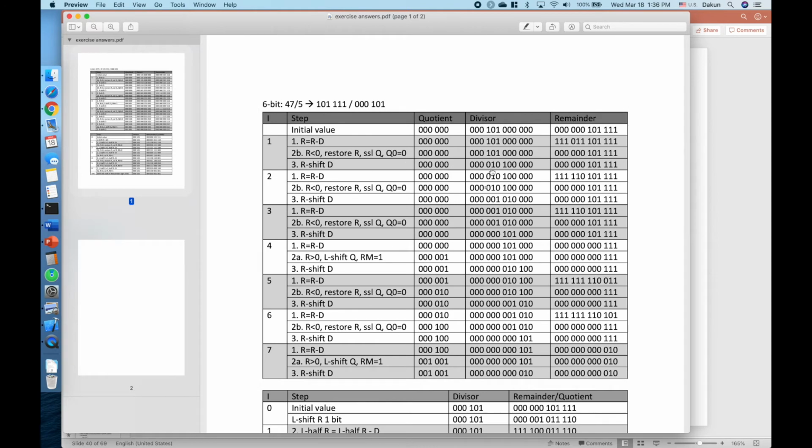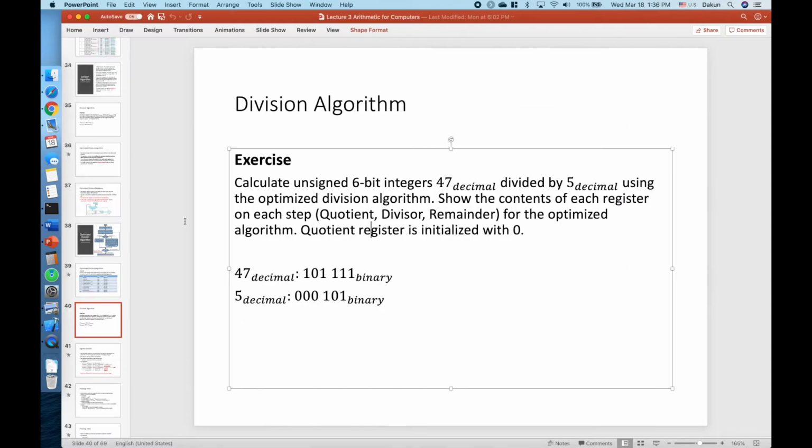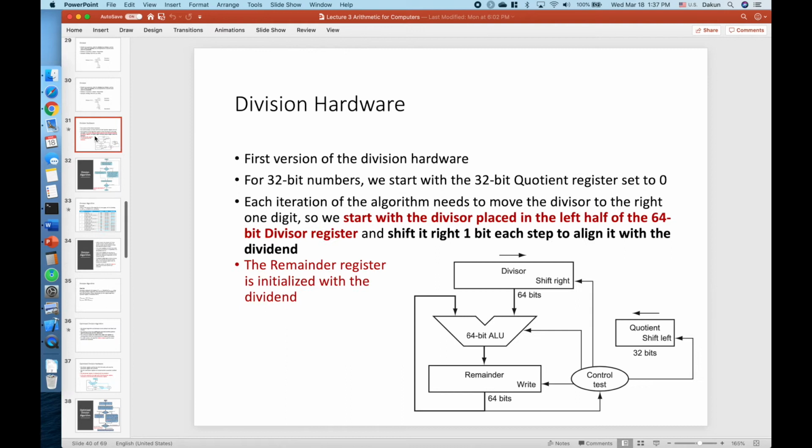One important thing is that since we are trying to do the division on 6-bit integers, the quotient register should be 6-bit, but the divisor and remainder registers should be 12 bits. Recall the hardware design for this original division hardware.